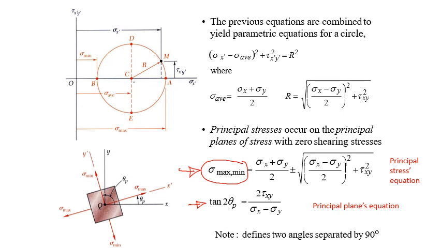So you have two principal planes, one facing X prime and the other Y prime, which will give you the largest values of normal stresses. This equation gives you two angles separated by 180 degrees because it's 2 theta p, or you can divide by 2 and you have two angles separated by 90 degrees.